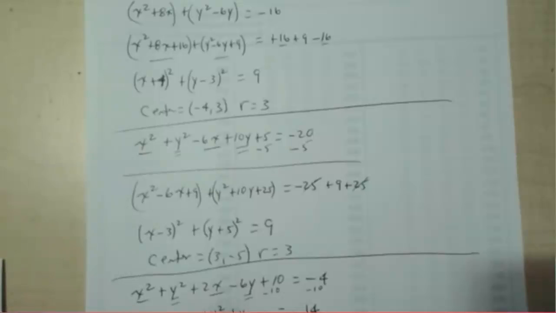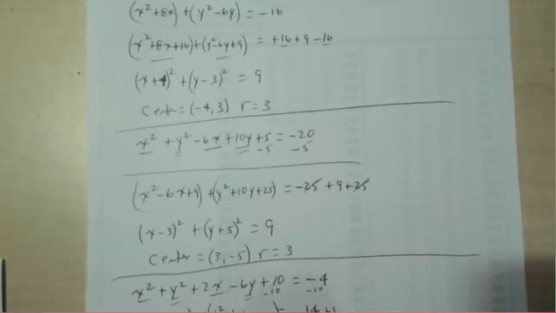Now half of 2 is 1. 1 squared is 1. We added 1 to this side, so we have to add 1 to that side. And we take half of 6, which is 3. 3 squared is 9.